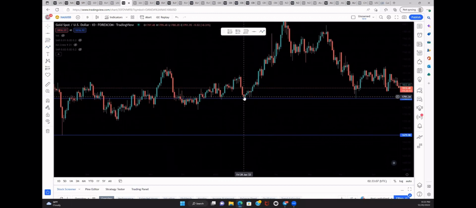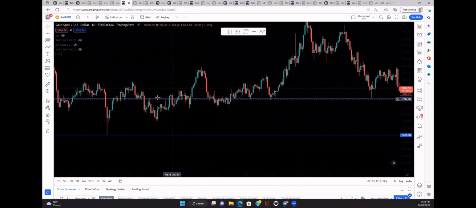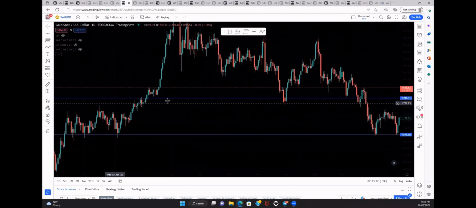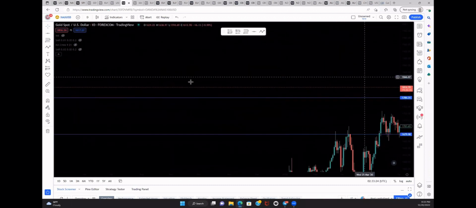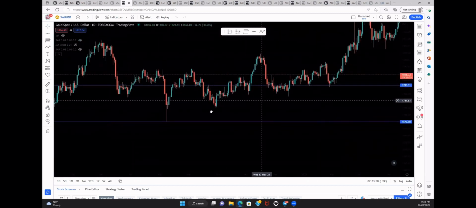This was January, the beginning of this year. This was October 2021, August 2021, April 2021, February 2021, November 2020, June 2020. So for 2 years, off that one wick we identified, we found another strong support resistance level.